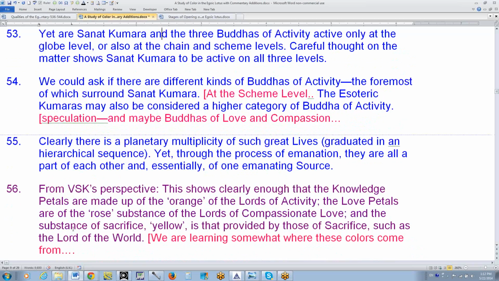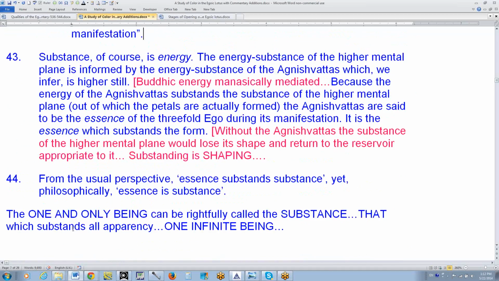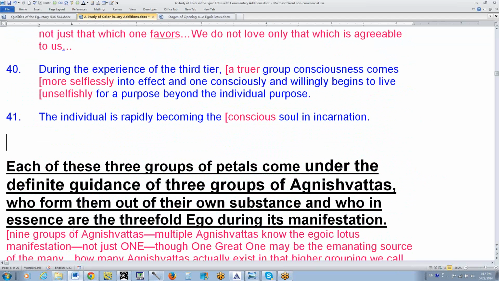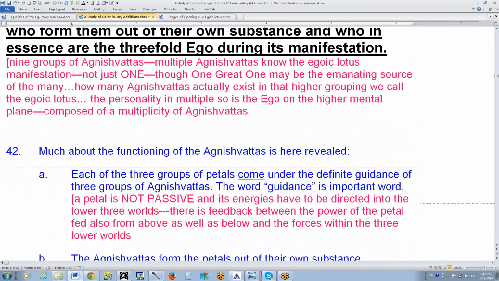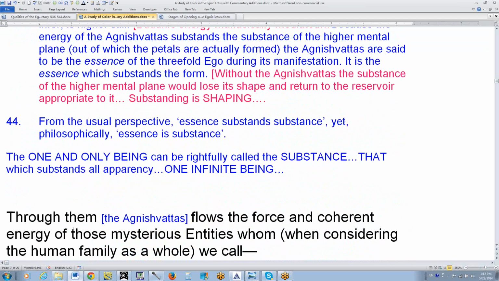And I think if we went back here, we have here each of these three groups of petals comes under the definite guidance of three groups of Agnishvattas who are connected with greater entities. Through them flow the force and coherent energy of those mysterious entities, starting with Buddhas of activity, Buddhas of compassionate love, Buddhas of sacrifice.